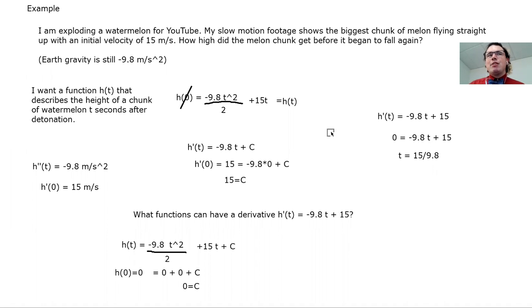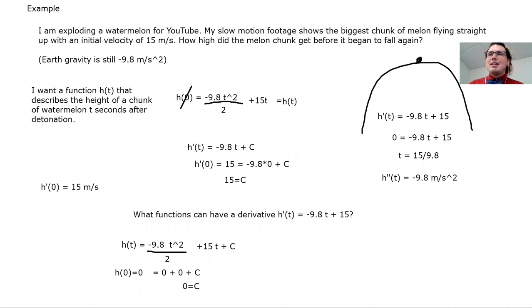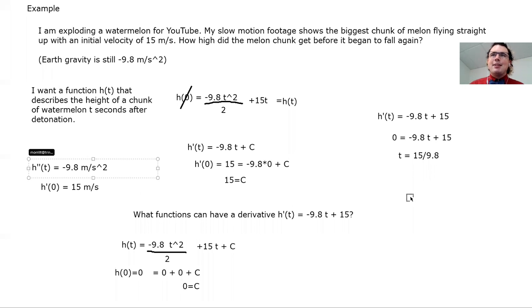Why do I use my second derivative test? Because I already know my second derivative. It's right here. The second derivative of this function is a negative number. It's a constant function. That means that my function is concave down. In fact, I know that this function is a parabola that's facing down. So it's going to have a single local maximum at exactly time equals 15 divided by 9.8.